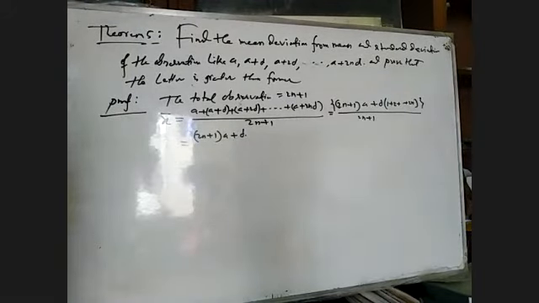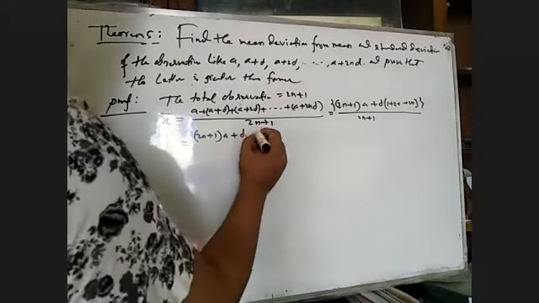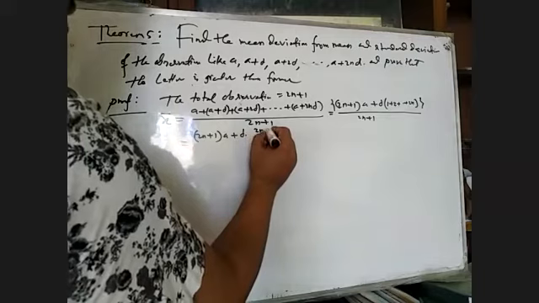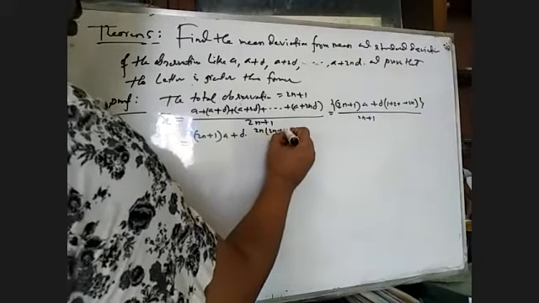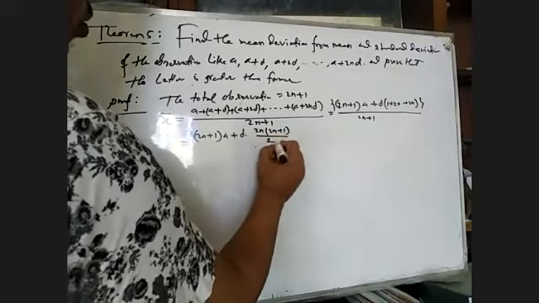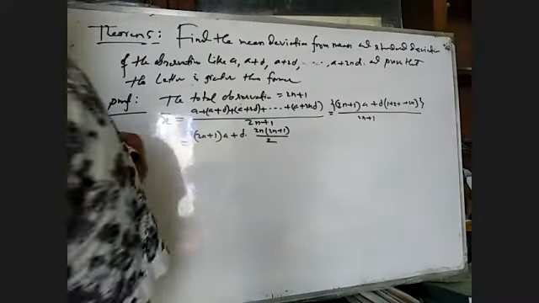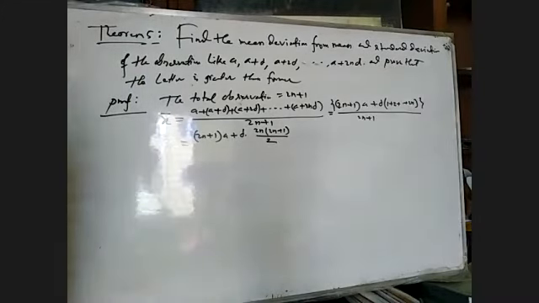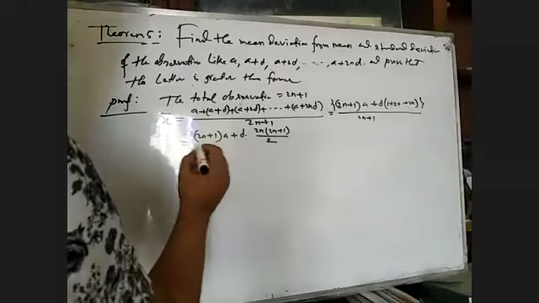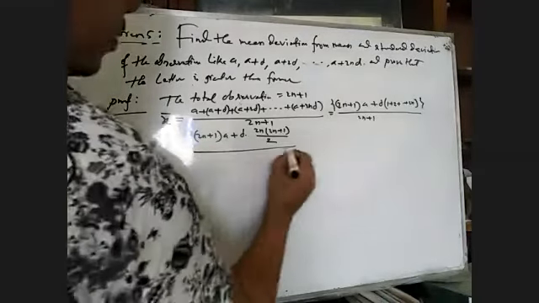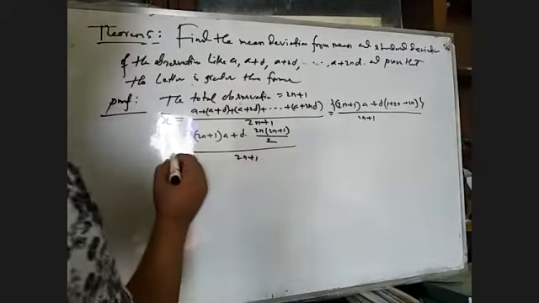How many terms will be there? n into n plus 1 by 2, this divided by 2n plus 1.